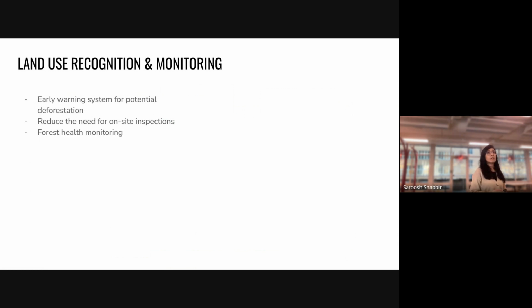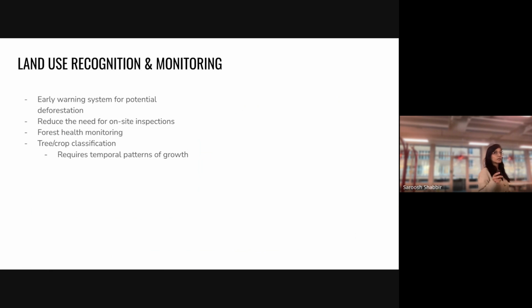Other use cases are forest health monitoring, because vegetations tend to reflect differently for healthy vegetation versus non-healthy. So one is able to see also the water content. So that helps one monitor the forest health. And then one can also do tree or crop type classification also.